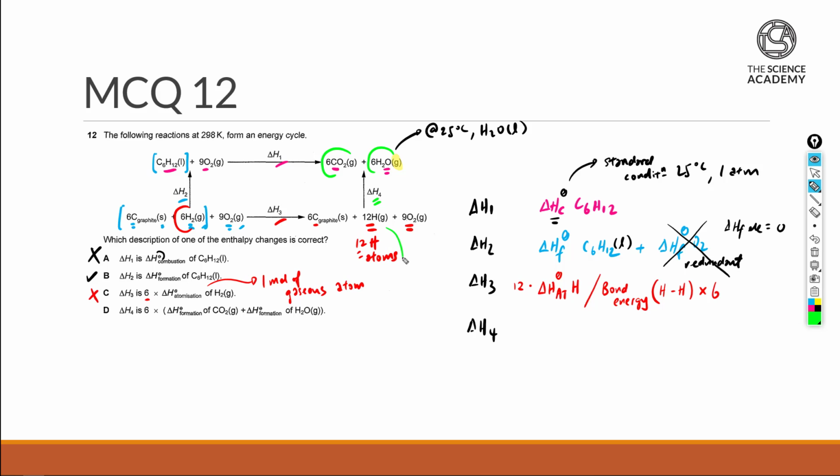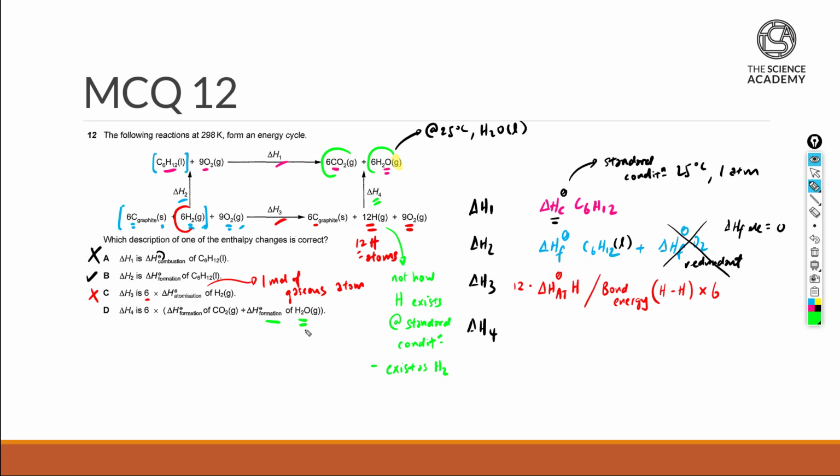However, my 12H is not how hydrogen exists at standard condition. So if you're going to use it for formation at standard condition, it should rather exist as diatomic hydrogen gas.